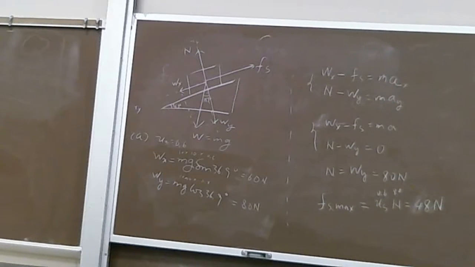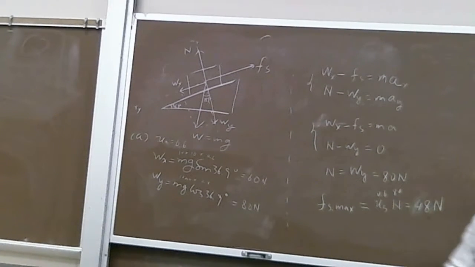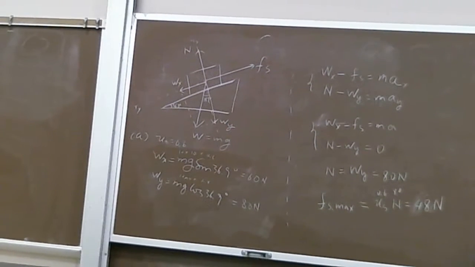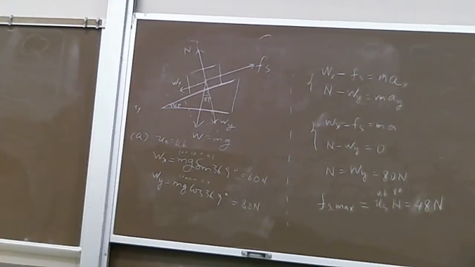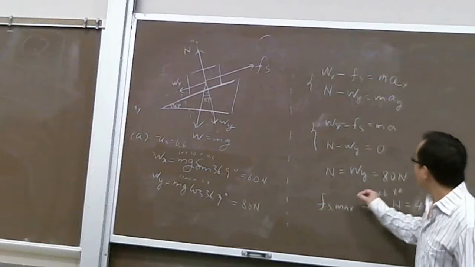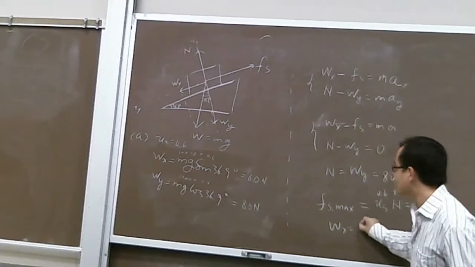Now, we have to compare the maximum static frictional force with the external pulling force. In this case, which one is the external pulling force? Which force is trying to overcome Wx? Wx. And we know Wx equals 60 newtons.